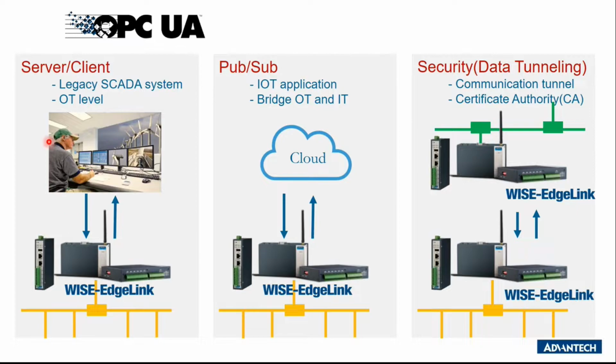Protocol conversion, it can do for server and client. Why OPC is also sometimes used for the cloud is that a new version of OPC supports PubSub, a method similar to MQTT. It is mainly designed for cloud services. So that is the reason I put in the OPC.